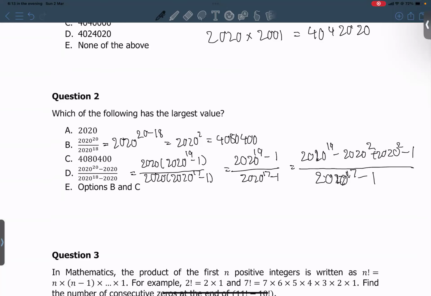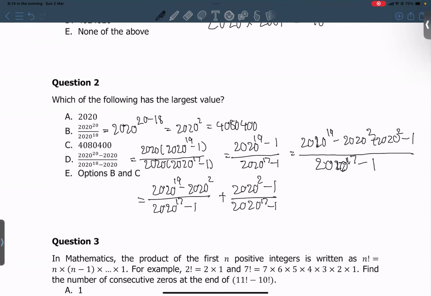After this, you can break them into two fractions, which you will get 2020 to the power of 19 minus 2020 squared over 2020 to the power of 17 minus 1, plus 2020 squared minus 1 over 2020 to the power of 17 minus 1.